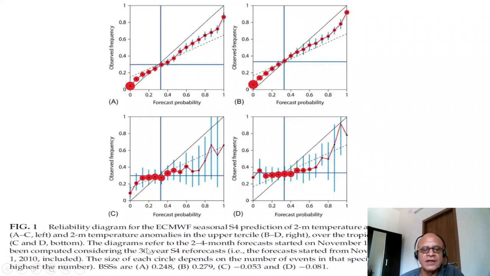So for A and B, the Brier skill scores are 0.248 and 0.279. Just compare that to C and D, where it's actually minus 0.053 and minus 0.081. So essentially there is not much usable information for 2-meter temperature anomaly forecasts for DJF over Europe.